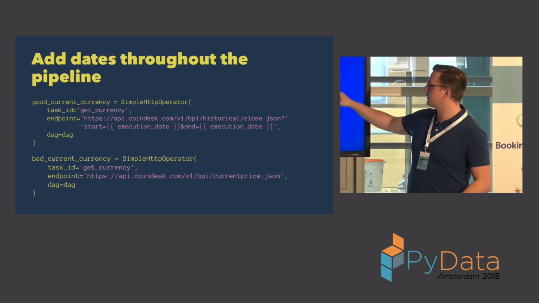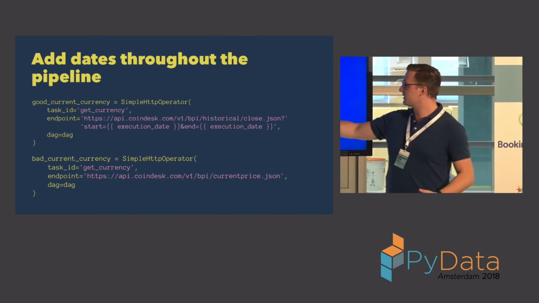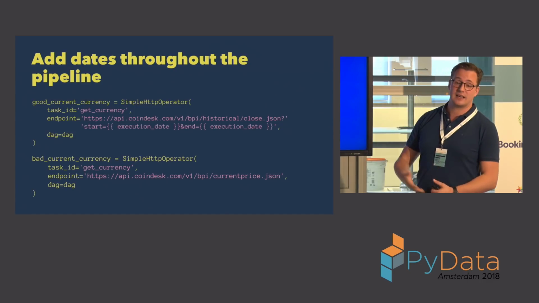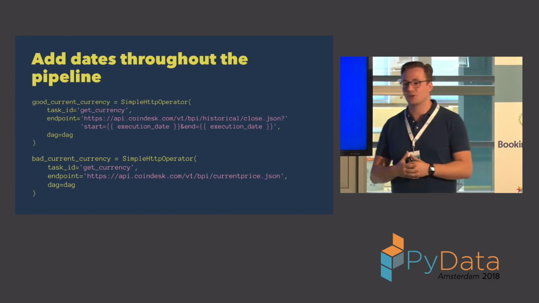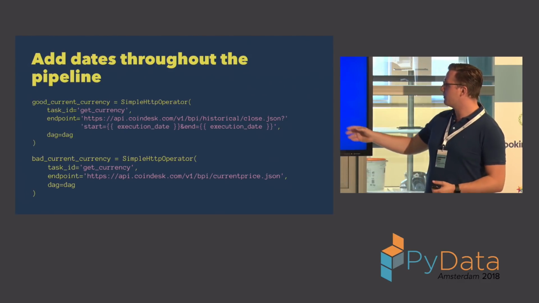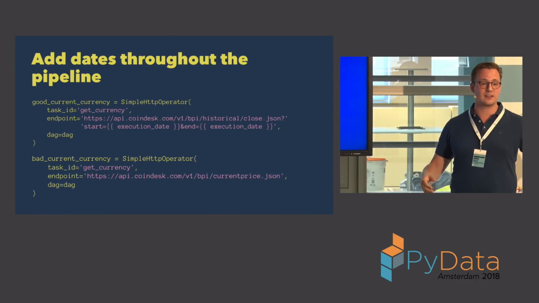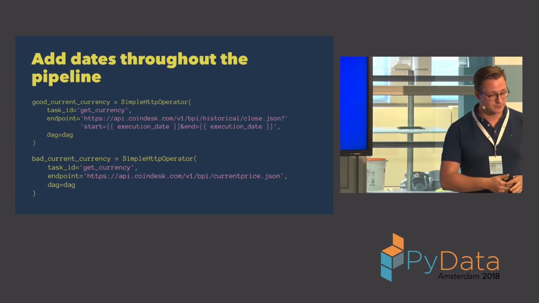You will get some currency data from CoinDesk with a set start date and a set end date. And this will guarantee, unless CoinDesk rewrites its history, it will always give the same result. But in the bad example, when you just get the current price, if you rerun a task that you're supposed to run like 1 week ago, you'll just get the current price.